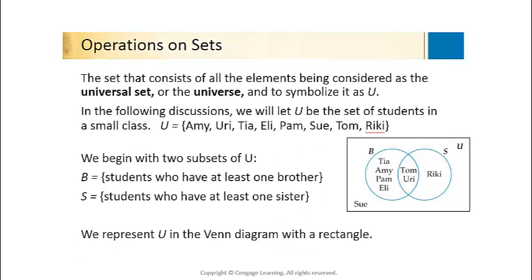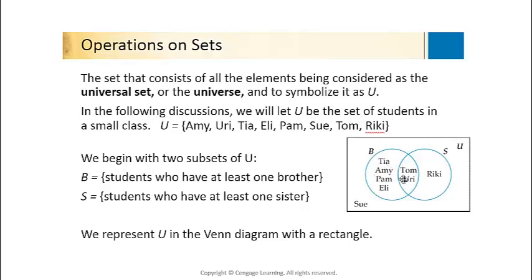It's necessary that we talk about a universal set, which means the set of everything, all of the elements that we could possibly consider. So our universal set, in this case, would be a small class. And those elements that are in set B are the students who have at least one brother.